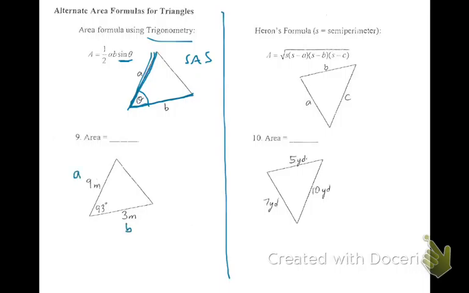I'll label 9 as A and 3 as B. So the area is going to be 1/2 times 9 meters times 3 meters times the sine of the angle, which is 93 degrees.